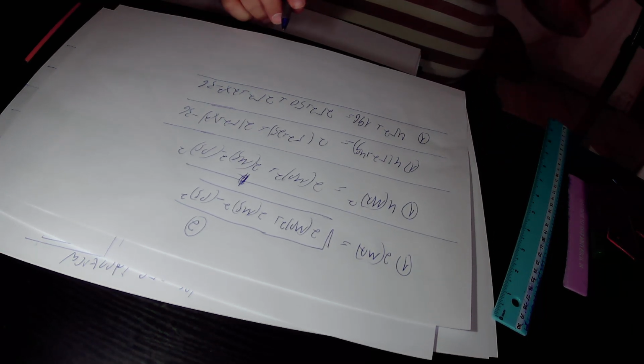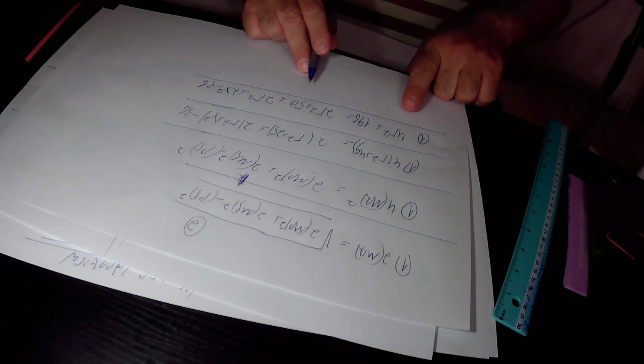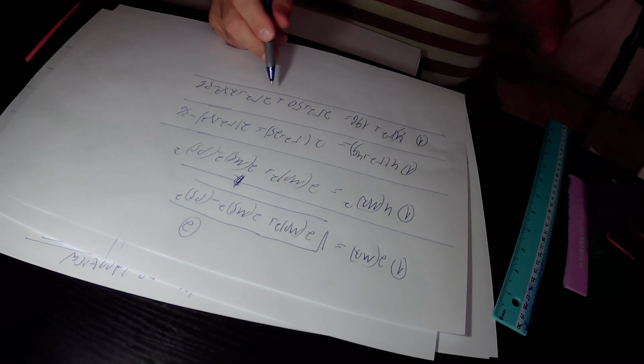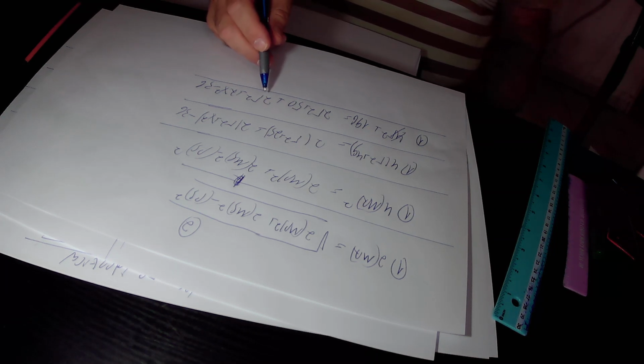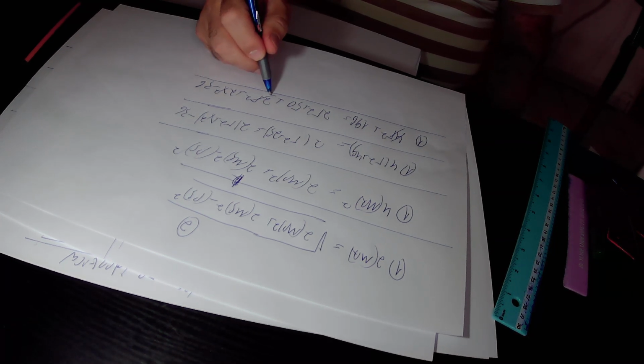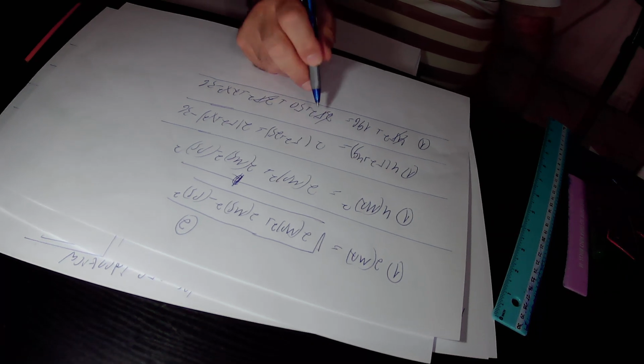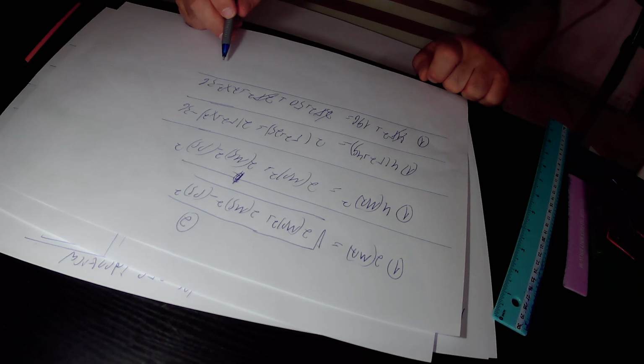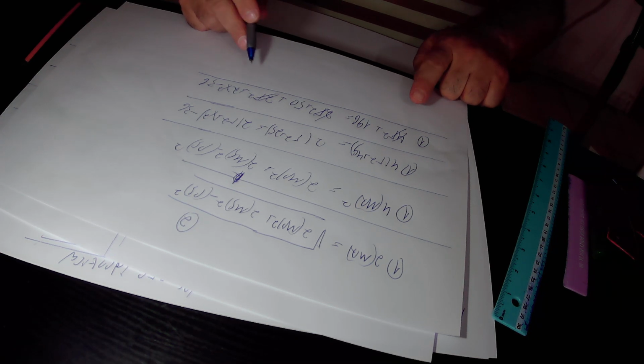Here we subtract 4r squared from both sides, so 4r squared will get cancelled. Here we have 2r squared plus 2r squared, that is 4r squared, so they also will be cancelled.